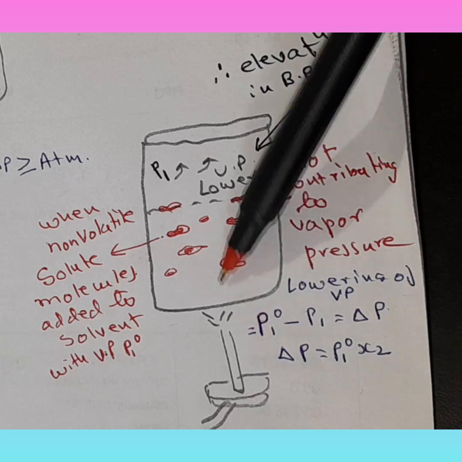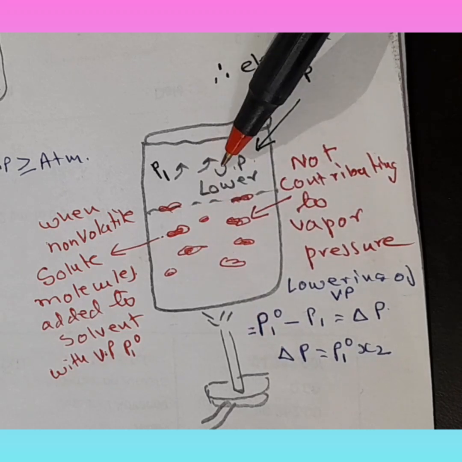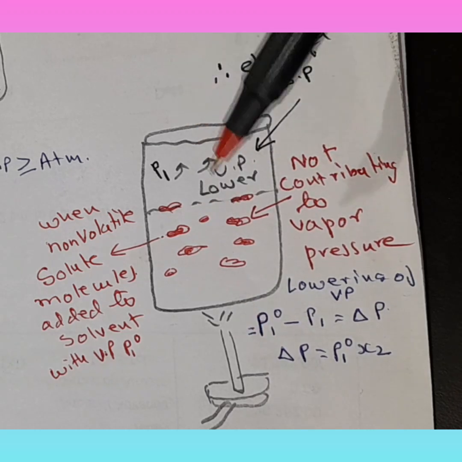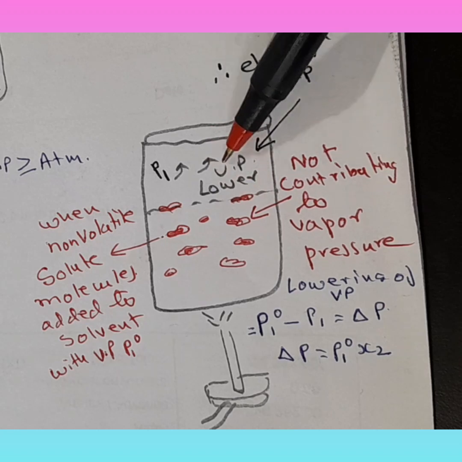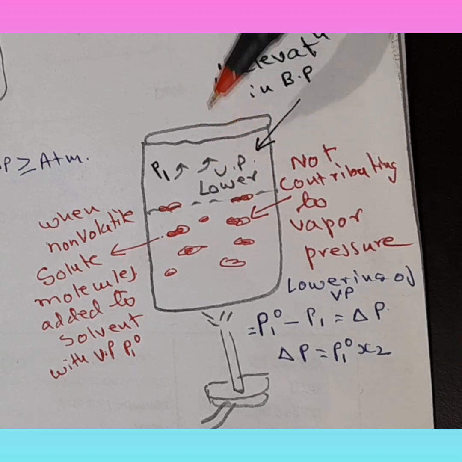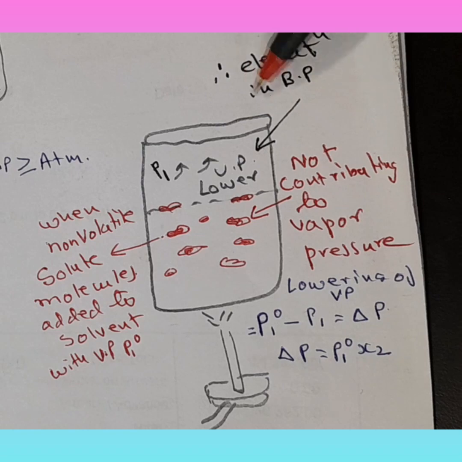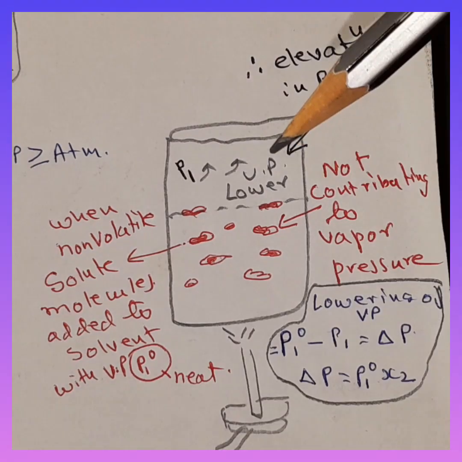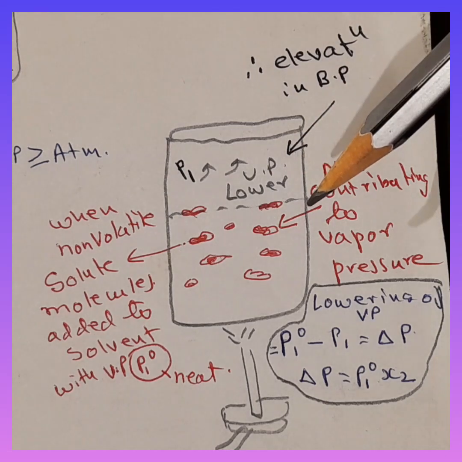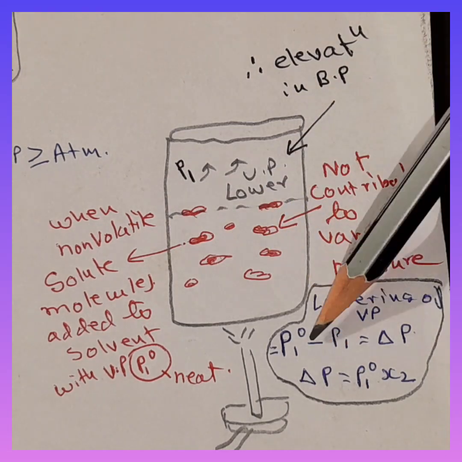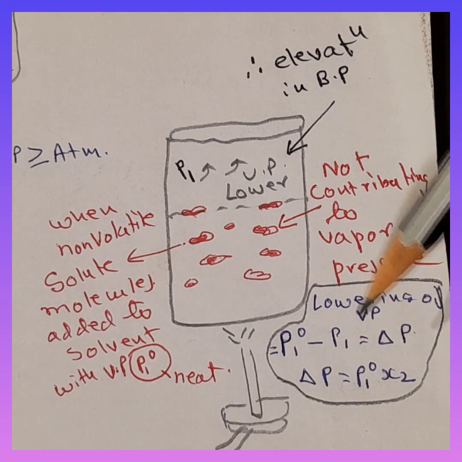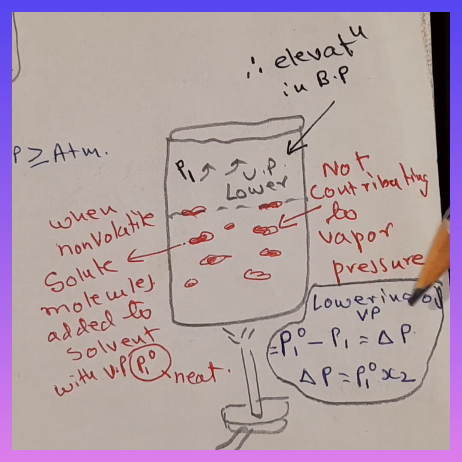More heating would be required to reach the boiling point, or to get the vapor pressure equal to or greater than atmospheric pressure. So there would be elevation in boiling point. We learned that. Now let's get familiar with some of the terms which are normally used, like P10, P1, del P and all. Now del P is lowering of vapor pressure.